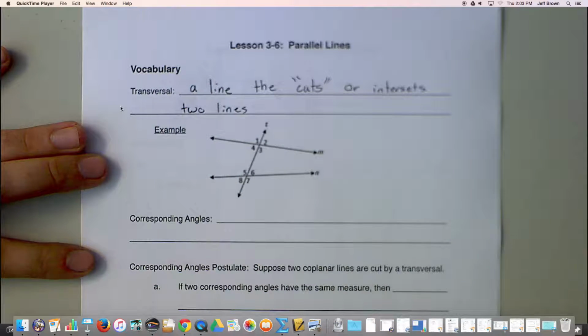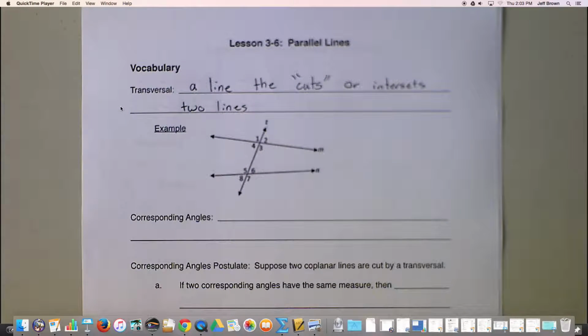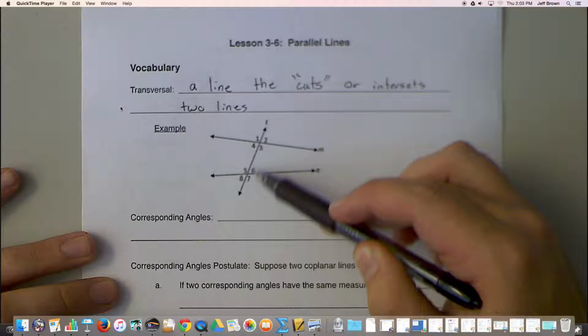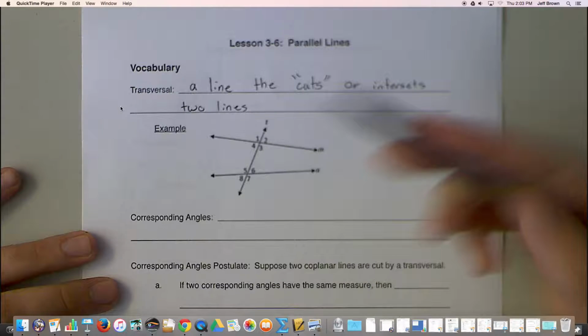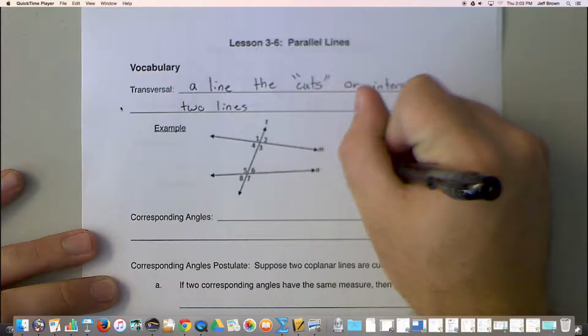And those lines are usually parallels. Today they're going to pretty much always be parallels, but there are other instances where that transversal is intersecting just two other lines. And so we have a picture of one right here below it. This line T that is kind of coming up on the angle is our transversal that is cutting two other lines. So we can write T is a transversal.